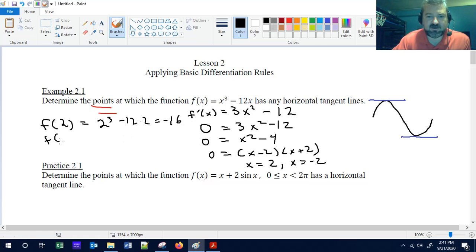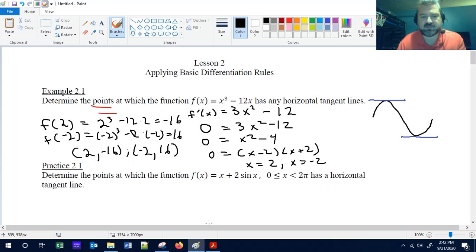And f of negative 2 is negative 2 cubed minus 12 times negative 2. So that's negative 8 plus 24, which is positive 16. So the points where you have a horizontal tangent line are 2, negative 16, and negative 2, comma 16.